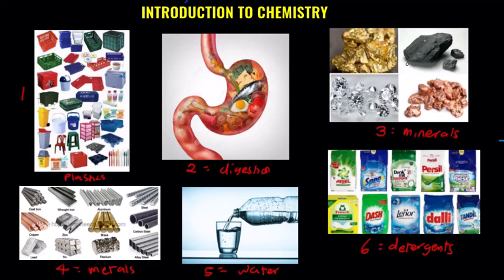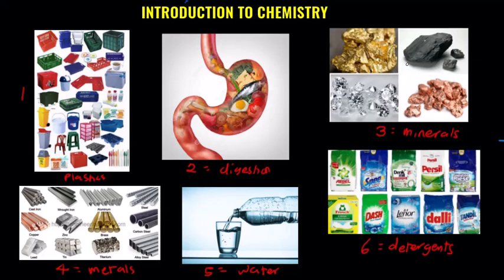Have you also wondered how water is treated for it to be drunk? It's chemistry, because in the process of purification of water, there is a process called chlorination, where chlorine is added to the water, which takes care of germs in the water, based on the source of the water.